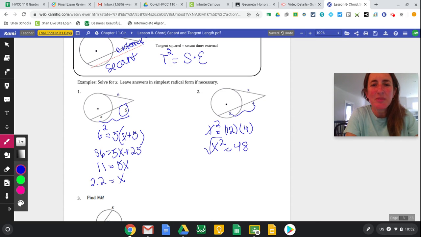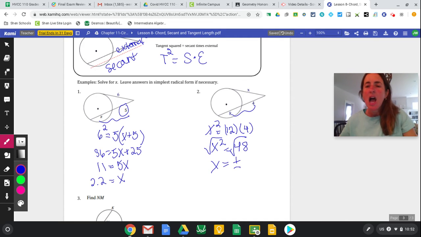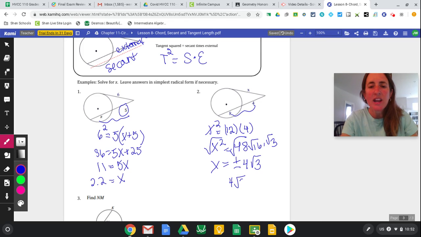Uh-oh, take the square root. There's got to be a way to break 48 down because that's an ugly radical. It's really 16 times 3. So this is 4 radical 3. Am I going to keep the negative? No. So it's 4 radical 3 for my answer because I would reject the negative length on there.